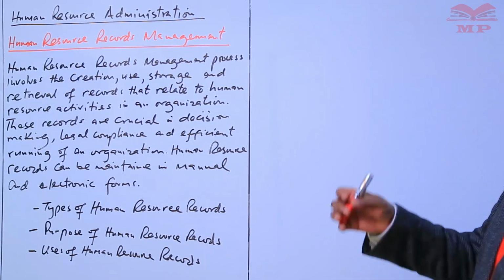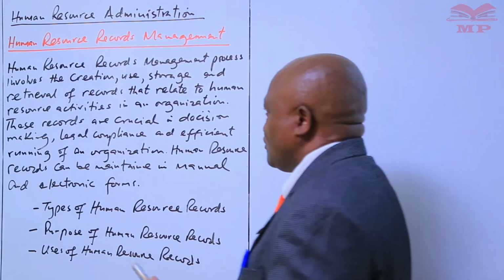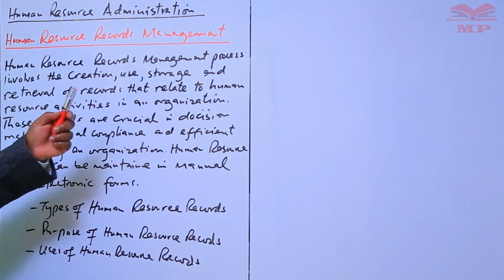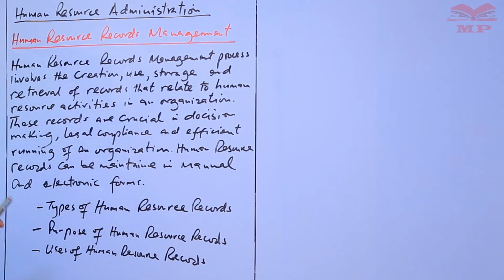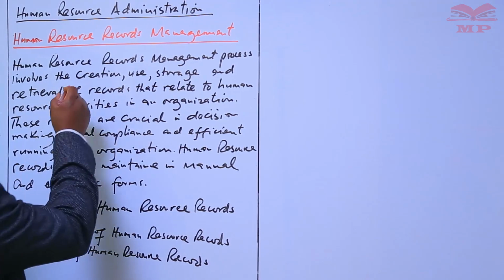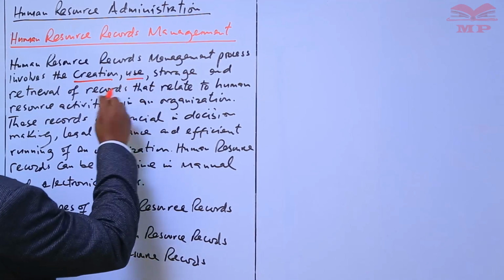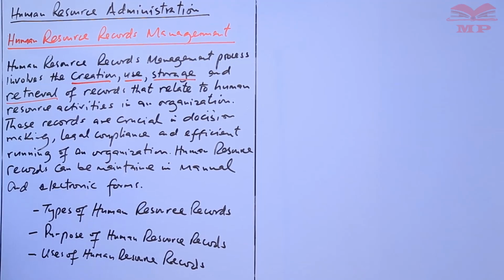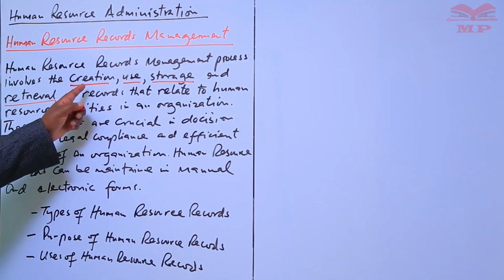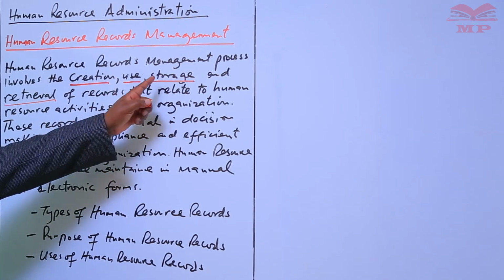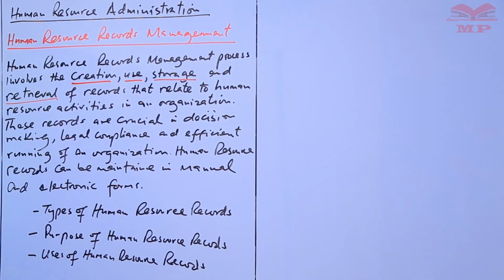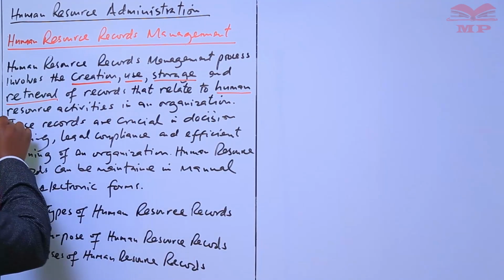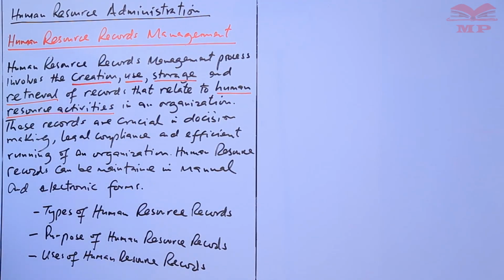And when it comes to human resource records management, the process involves the creation, the use, the storage, and retrieval. So 4 very crucial things: creation, use, storage, retrieval of records that relate to human resource activities in an organization.